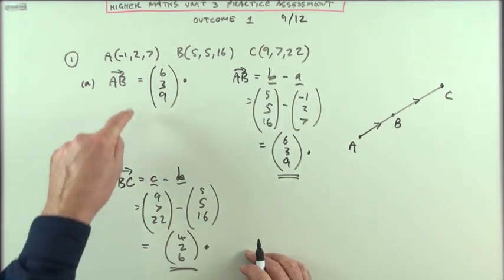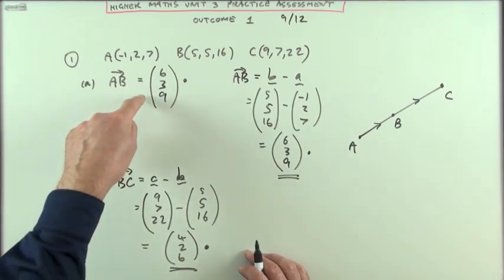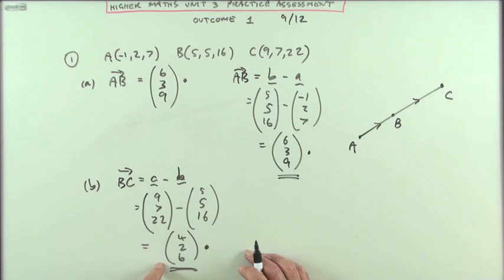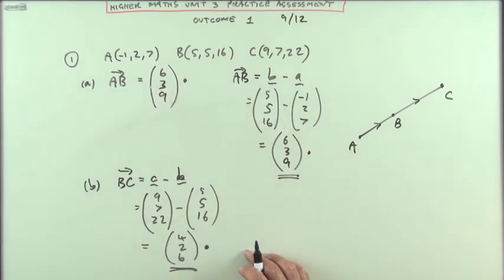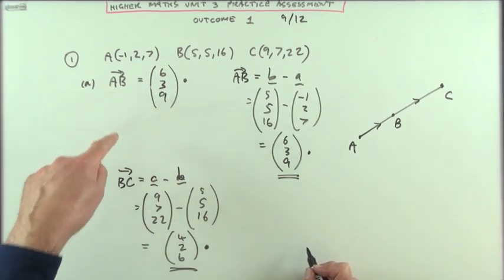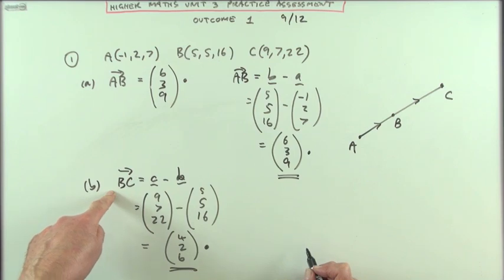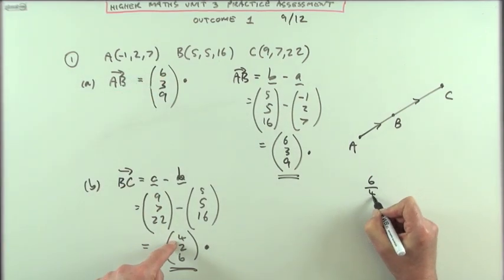Now the next stage is to show that those are multiples of each other. If they're multiples of each other, that means each of the components must be the same multiple. So it's safer just to compare each of the components. If I want to write my statement as AB is some multiple of BC, then it'll be AB divided by BC, components, that is. So I'll just do that here. So 6 compared to 4.